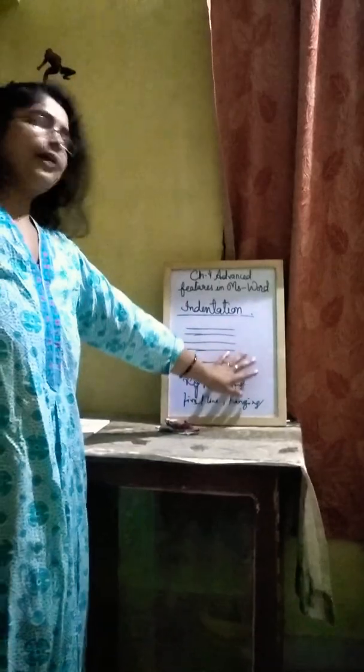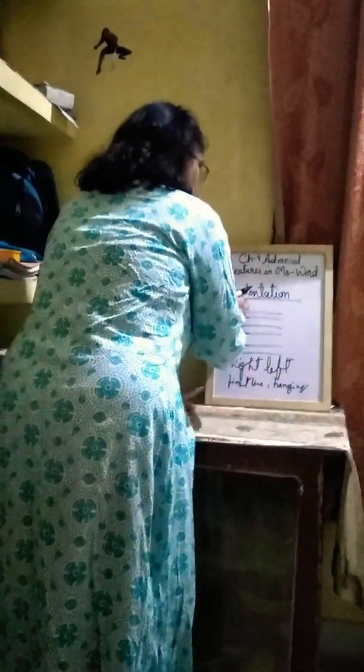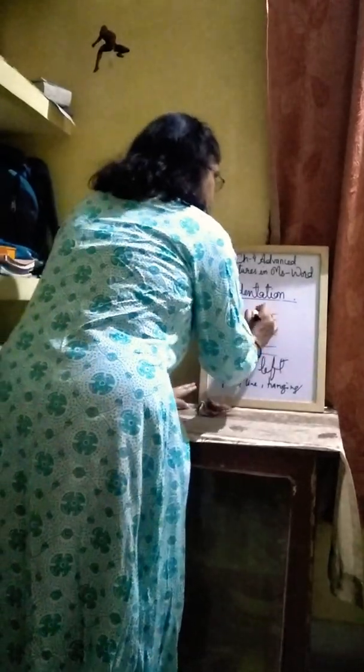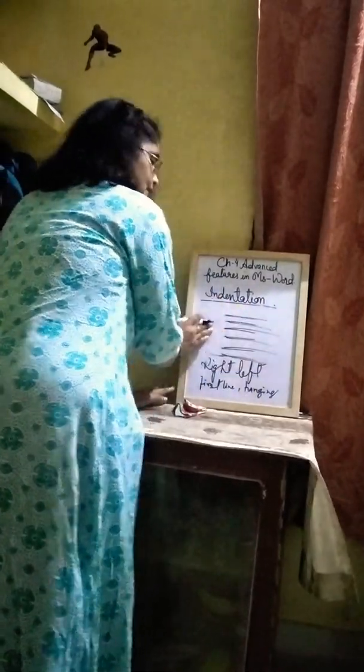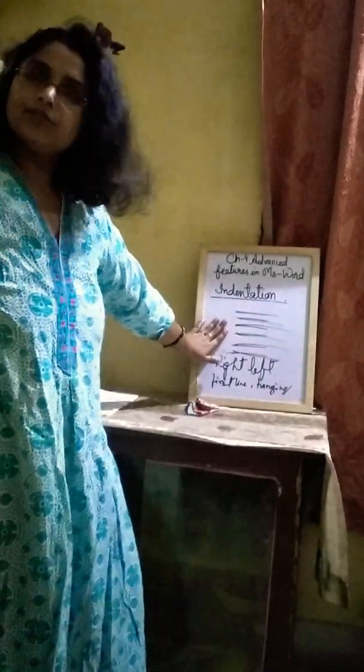This is the right indentation. But in left indentation, what happens? The whole paragraph will shift to the right hand side, and on the left hand side the space will be empty. This is the left indentation.